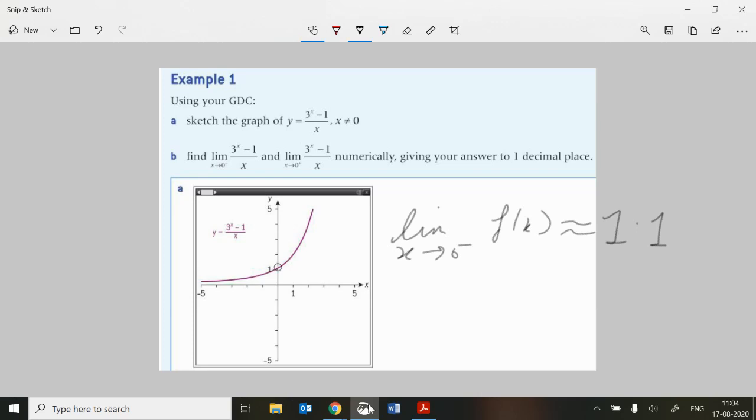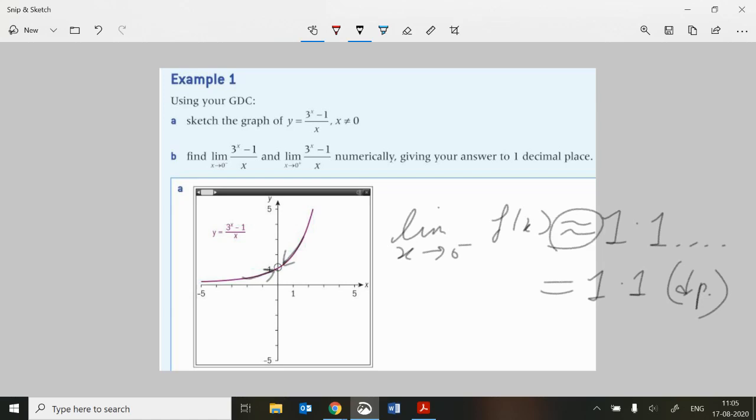Now you could say that that's equal to 1.1 if you go closer and closer and you find out your next decimal places from both the left-hand side and the right-hand side, say for example putting in 0.001, and hopefully that's giving us an answer which we can give to one decimal place. So we could say that this is exactly equal to this if we just take this one a little further and check that on both sides that's working.